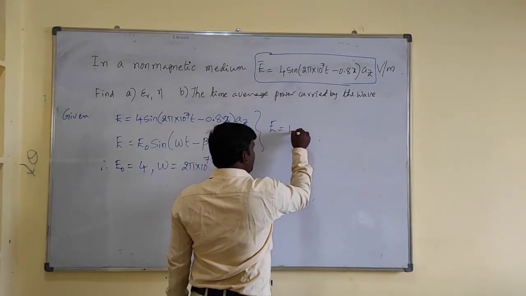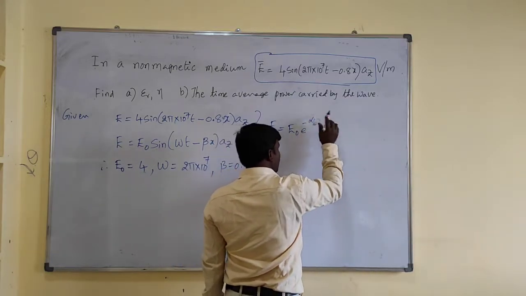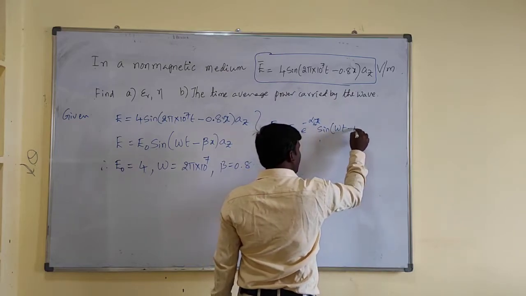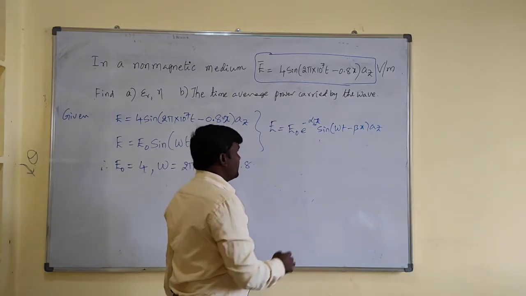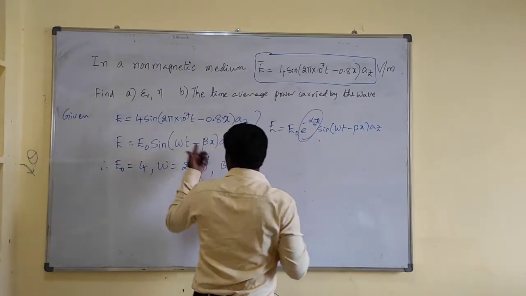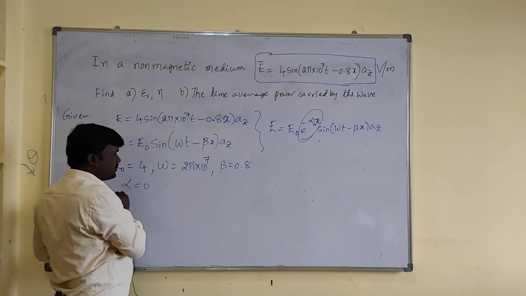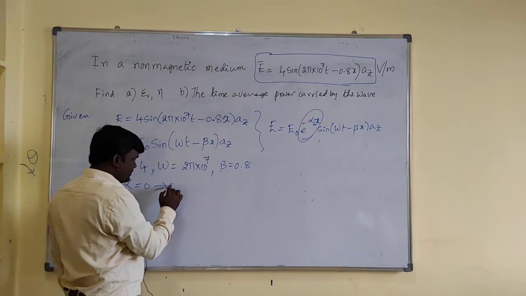The form is E equal to E naught e to the power minus alpha x sin(omega t minus beta x) Az, as it is along the x direction. Here there is no e to the power minus alpha x term, which means alpha is 0. As alpha is 0, the given medium is lossless.